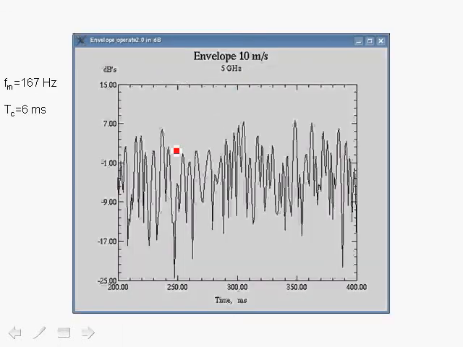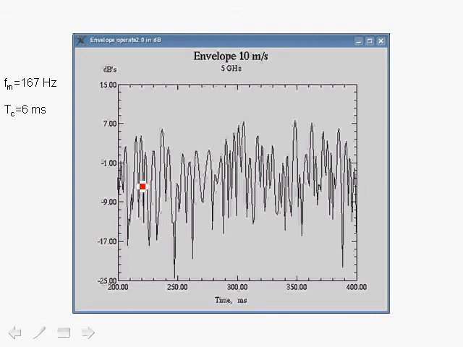So let's examine fading due to motion. Let's examine what happens in the time domain as you have fading due to Doppler shift. In this case, we're plotting the envelope of the demodulated carrier, with a vehicle moving at 10 meters per second. As the transmitter sends a carrier at 5 gigahertz, and we measure its envelope in the vehicle as it moves, we get an envelope that varies with time as shown in this actual simulation.